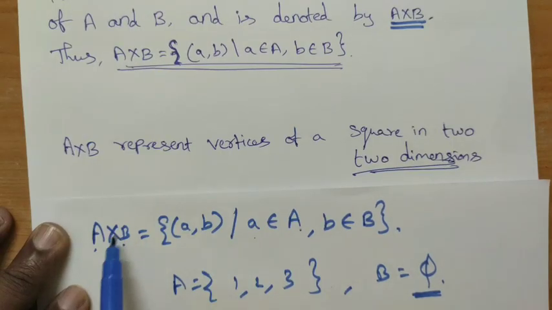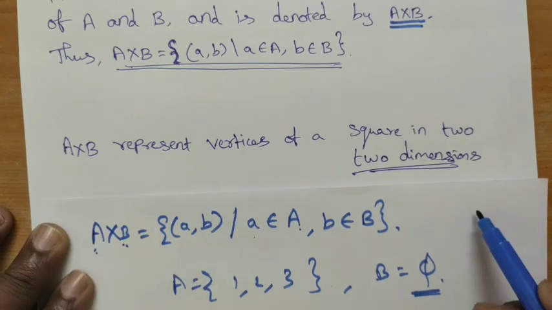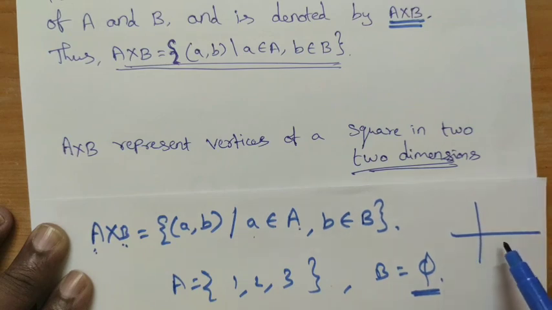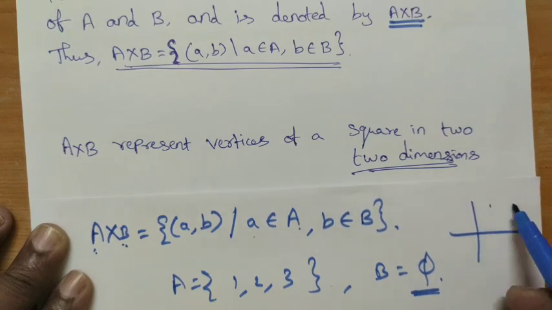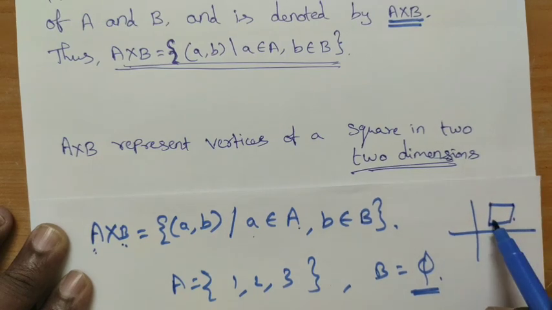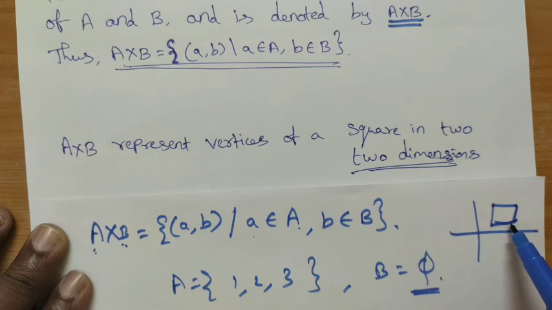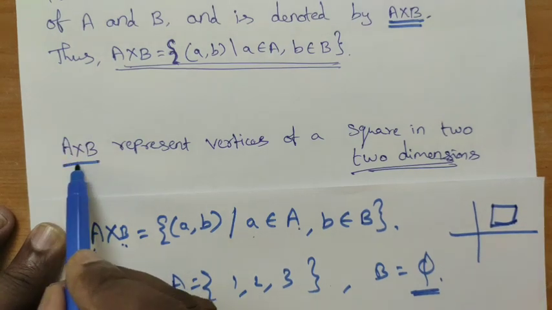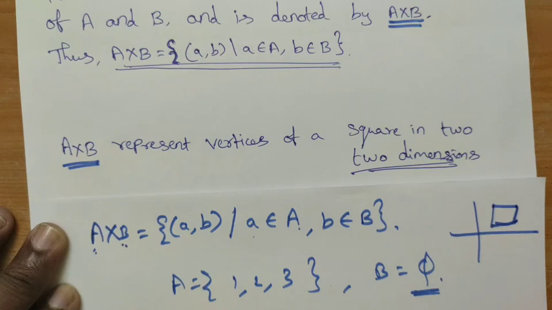When we multiply two sets, it always represents a two-dimensional object. We have already studied this in lower classes using the graph. By plotting points like this and marking them, we can get an object, and that object is always two-dimensional when only two sets are given.